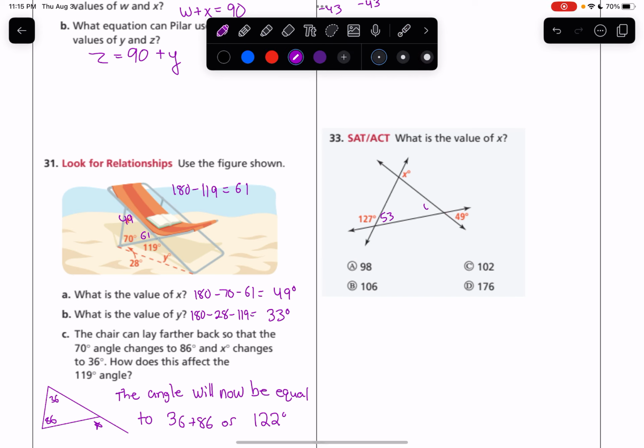So that's going to be 49. And now I know that x is an exterior angle of these two remote interior angles. So x is equal to 53 plus 49, which means x is equal to 102 degrees, making C the correct answer to the question.